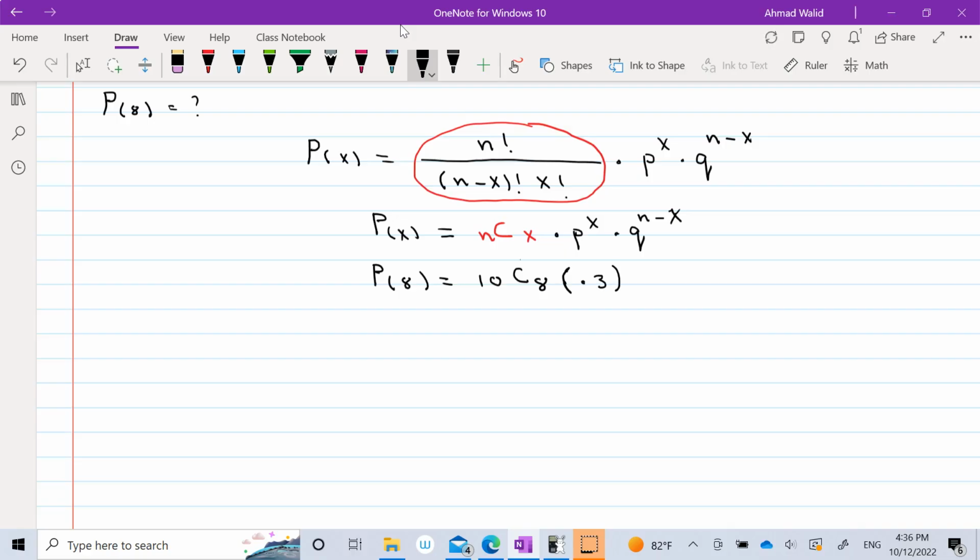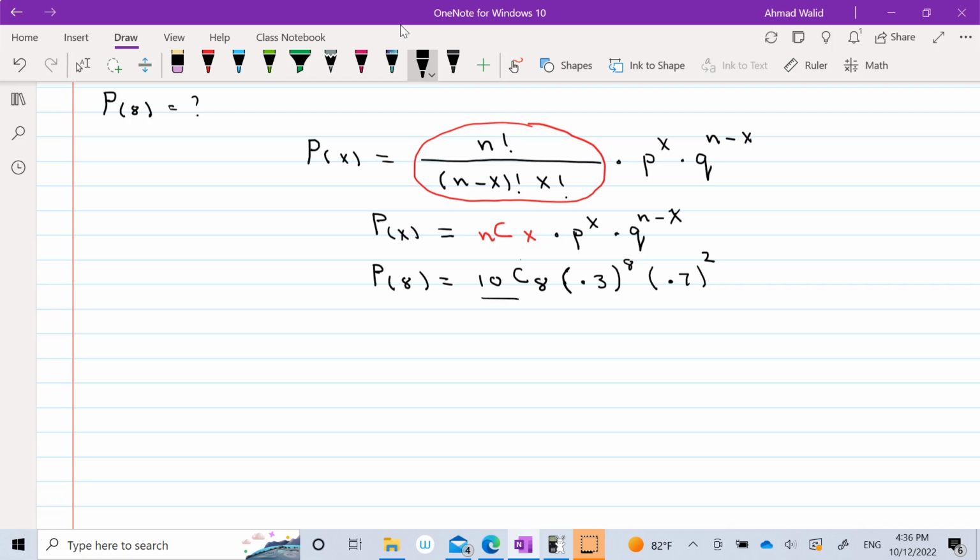It means 0.3 to the power of x, which your x is 8, times the probability of failure, which is 0.7, to the power of n minus x. Your n was 10 minus x, 8. It means to the power of 2, right? Let me erase this and put 2 instead to save some space, because n is 10, x is 8, 10 minus 8 gives you 2.